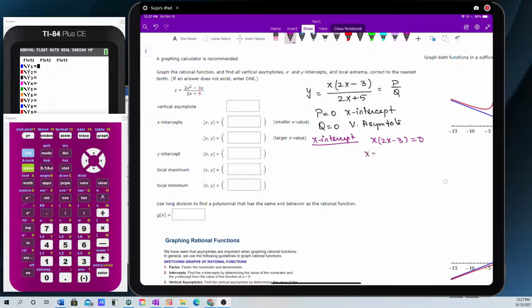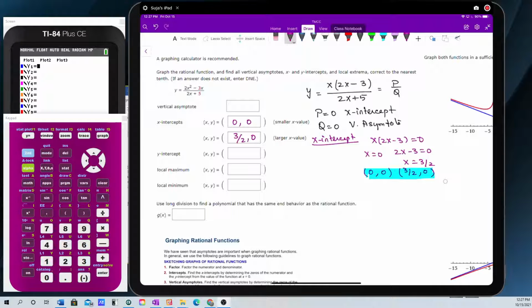Therefore, x equals 0, or 2x minus 3 equals 0, so x would be 3 over 2. So these are the two x-intercepts, (0, 0) and (3/2, 0). Those values I will input here. It's telling me smaller value first.